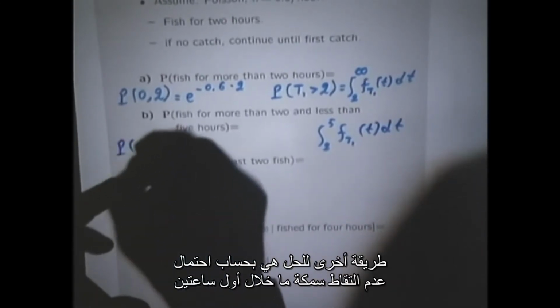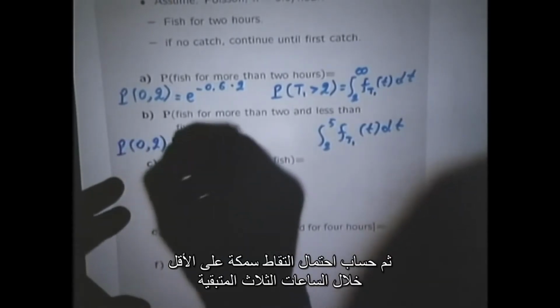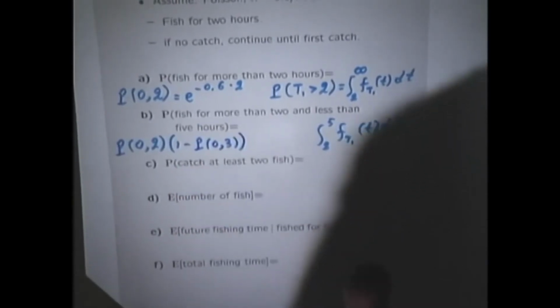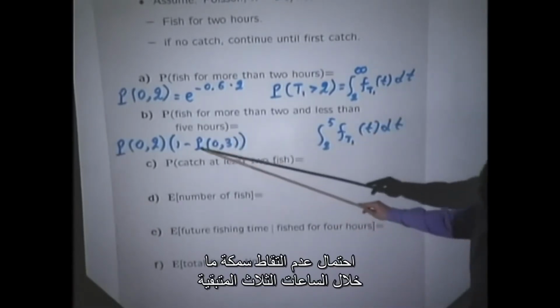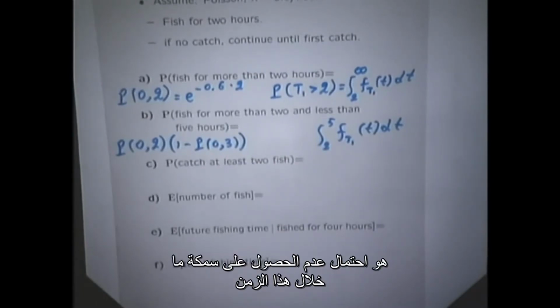Another way to deal with it is to say this is the probability that I caught 0 fish in the first 2 hours, and then the probability that I catch at least one fish during the next 3 hours. So this, what is this? The probability of 0 fish in the next 3 hours is the probability of 0 fish during this time.